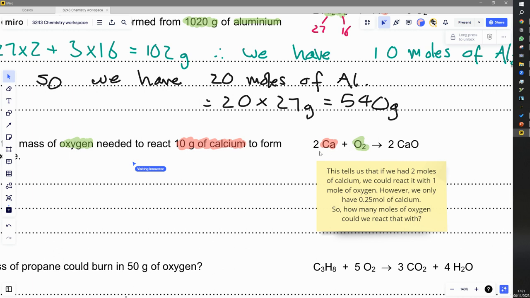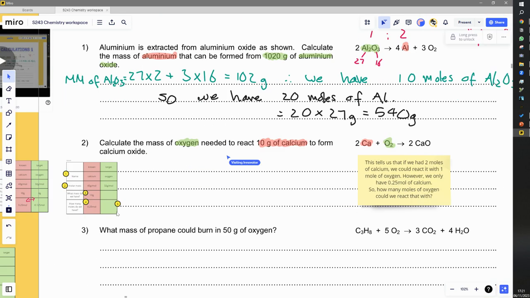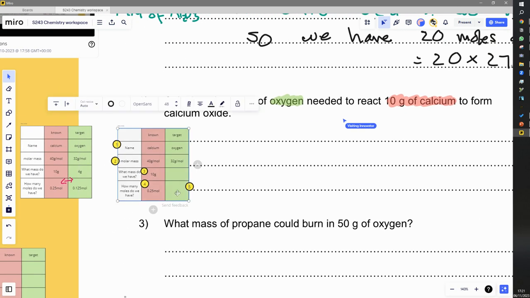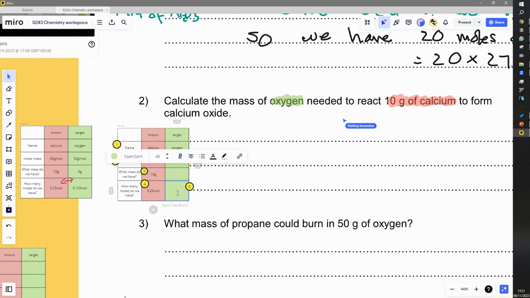In other words, if I had 2 moles of calcium, I could react with 1 mole of oxygen. So if I had 20 moles of that, I could react it with 10 moles. If I had 1 mole of that, I could react it with half a mole. We've got a quarter of a mole, so we can react it with 1/8 of a mole of the target substance.